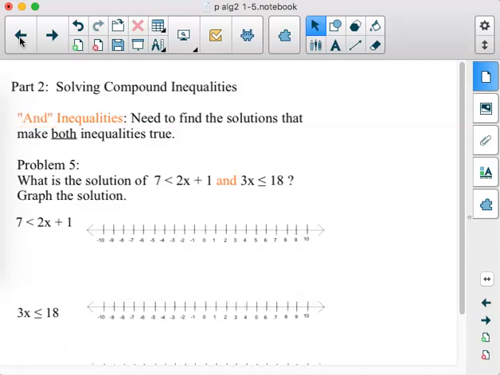And there are 2 types. There are and inequalities, where this and that need to happen together. We need to find the solutions that make both of the inequalities true.